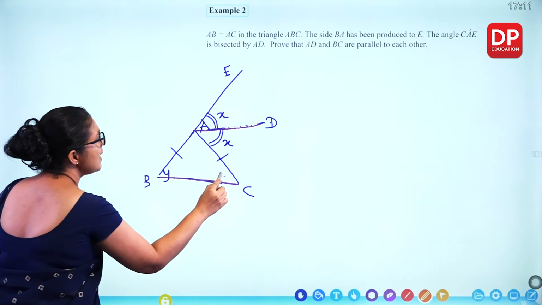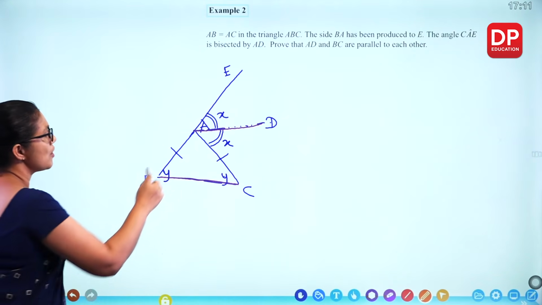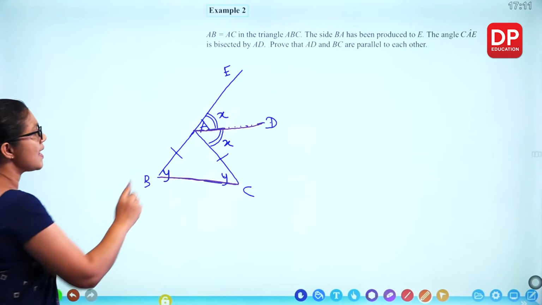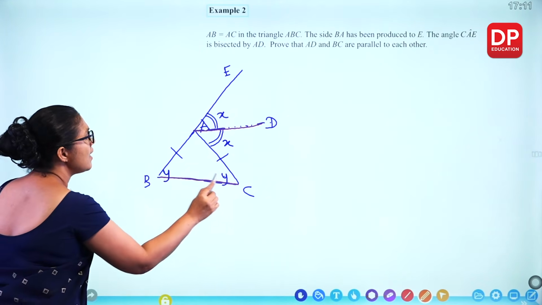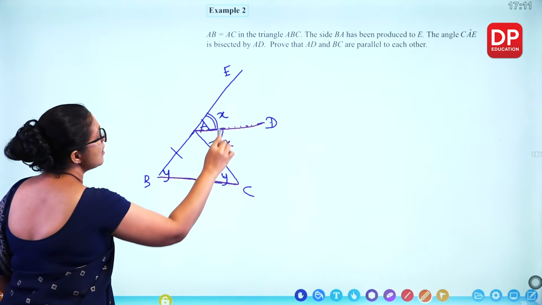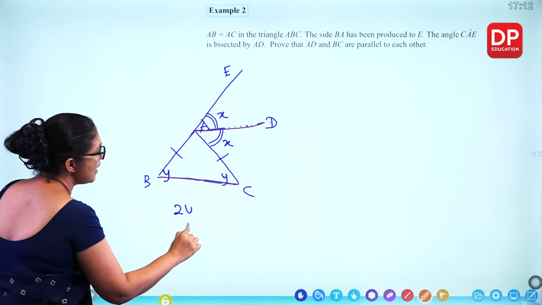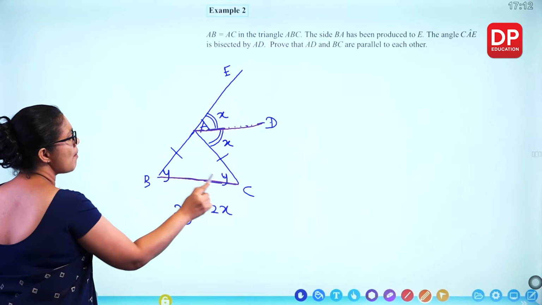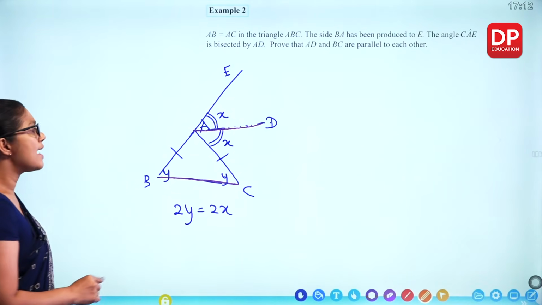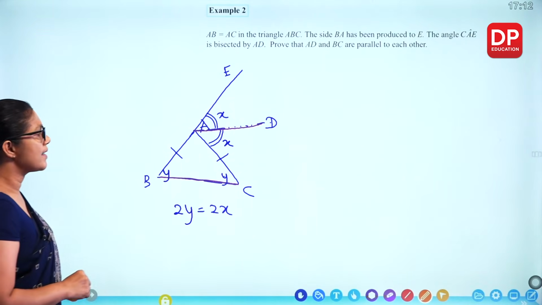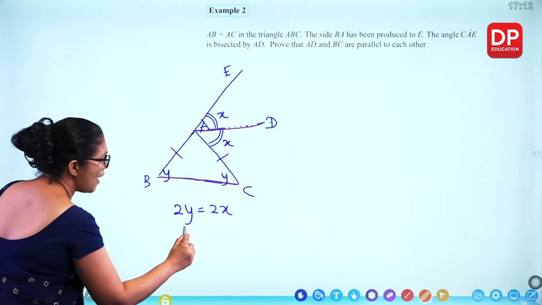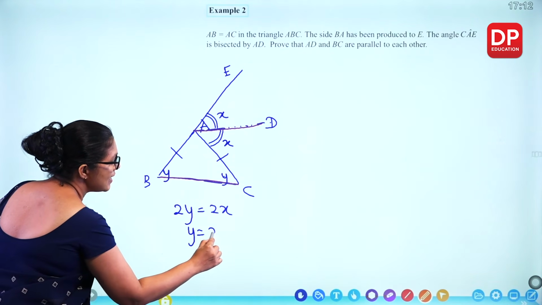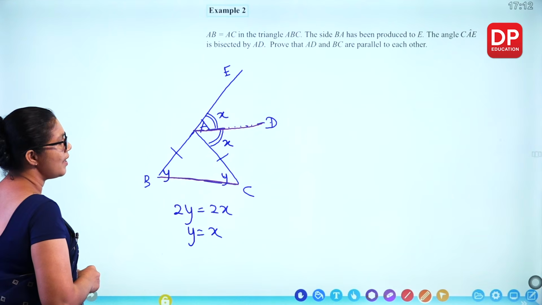I'll put y here because these two sides are equal. So here you can say 2y is equal to 2x. Sum of opposite interior angles add up to the exterior angle. So when you divide by 2, we can say that y is equal to x.